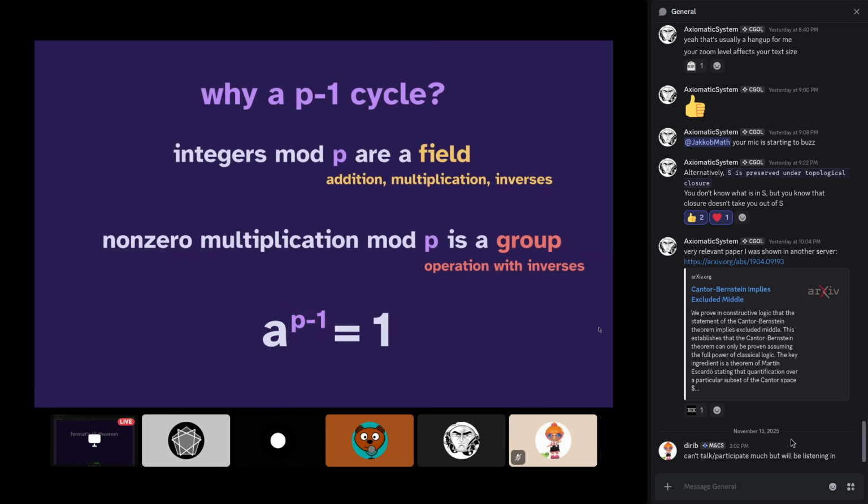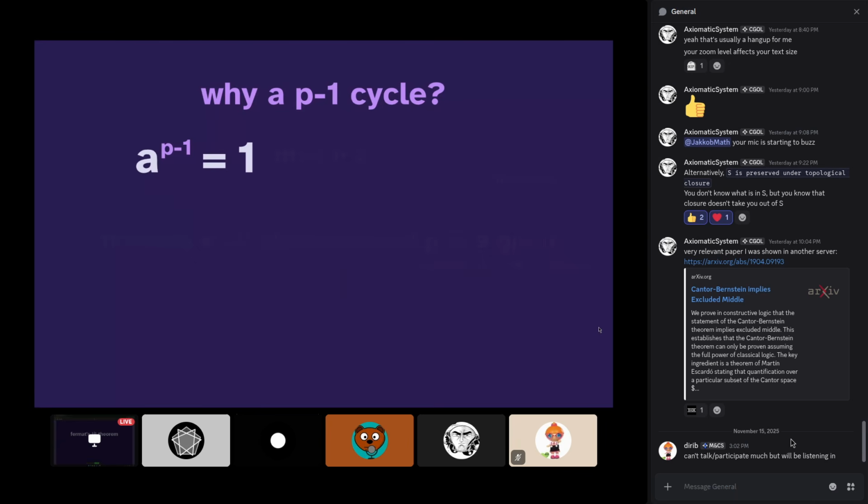But it's not enough for a cycle. This will hold even if we don't have a single cycle. So we need something a little stronger. We need some element g such that there's no smaller power that it gets to 1.